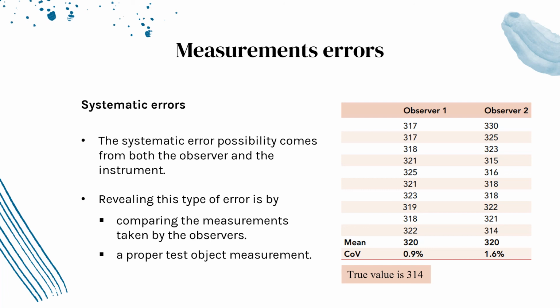Here in the table on the right, since the true value is 314 millimeters, the systematic error is 6 millimeters for both observers. There is also some inevitable systematic error due to the imaging process, but it can be minimized by selecting a suitable scanner and method.